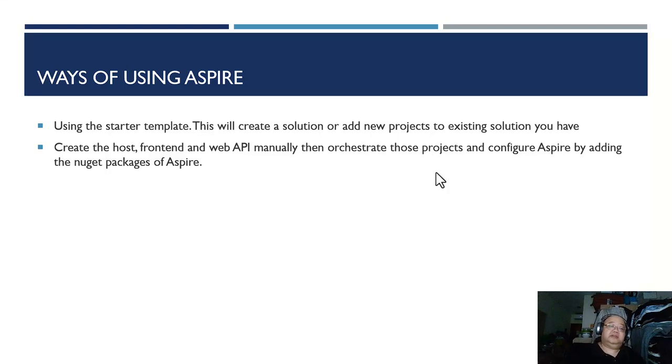The second one is to create the host, front end, and web API projects manually, then orchestrate those projects and configure Aspire by adding the NuGet packages of Aspire. And the last one is the most difficult, and it requires you to carefully craft your projects and apps to fit with Aspire.